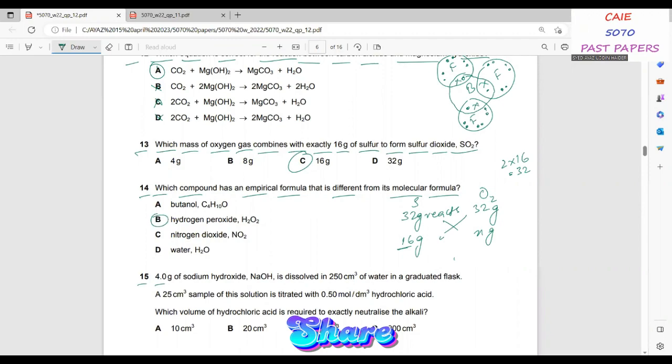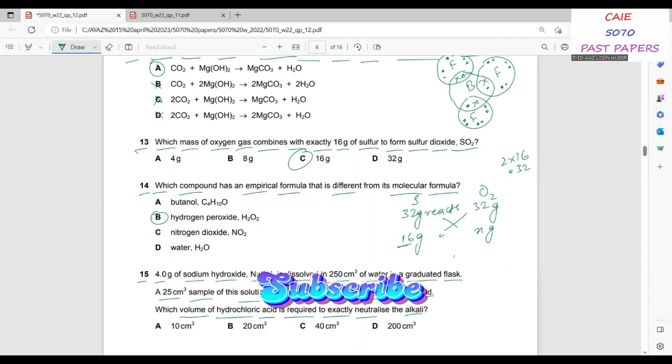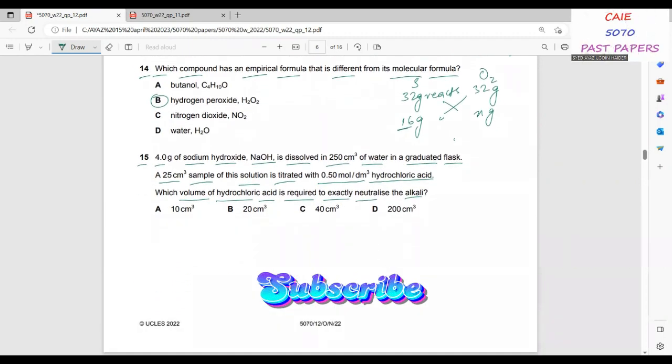15. 4 grams of sodium hydroxide, NaOH, is dissolved in 250 cm3 of water in a graduated flask. A 25 cm3 sample of this solution is titrated with 0.5 mol per dm3 hydrochloric acid. Which volume of hydrochloric acid is required to exactly neutralize the alkali? I will write the reaction between these two.